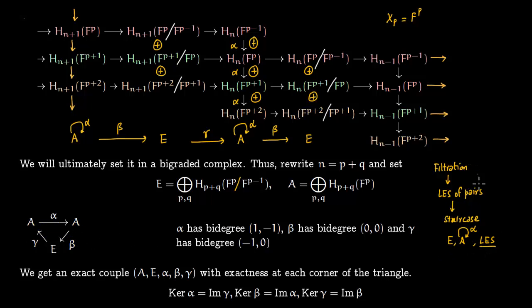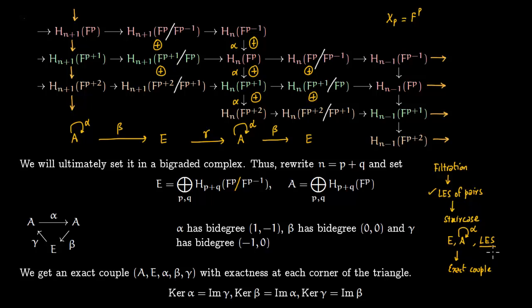So you have a filtration, from there you get a long exact sequence of pairs, from there you get a staircase, then you get these two things, E and A, and you have these maps alpha, beta, and gamma coming from your long exact sequence of pairs. They will have bidegree like this, and you get an exact couple. So what have we done?